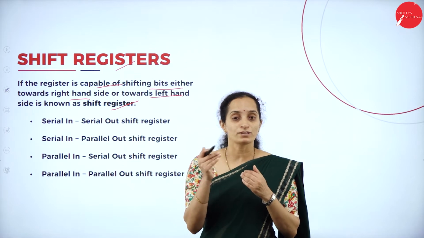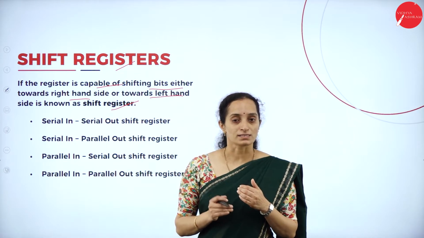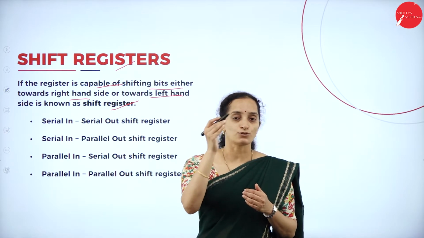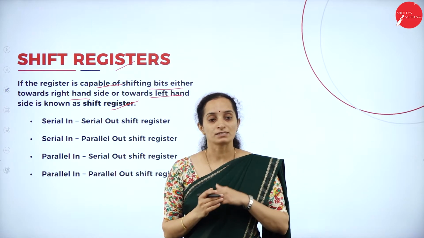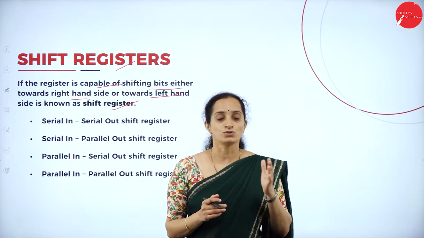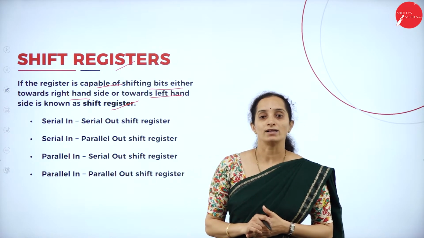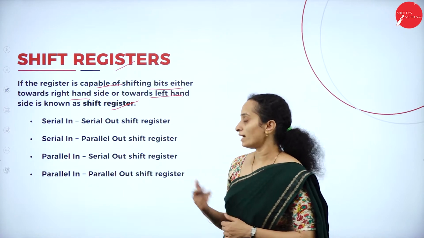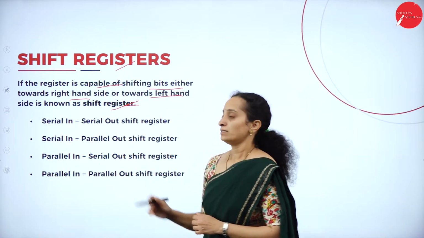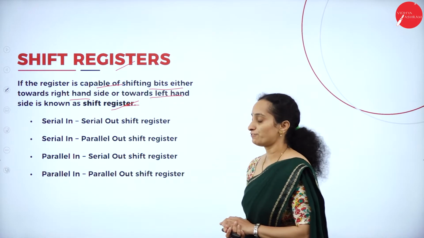You have to shift the values. If it is 1, you have to change it to 2, 2 to 3, 3 to 4. How does it happen? By shifting the bits, you get the new values, which are used in the electronic devices. So, it is using the shift register.